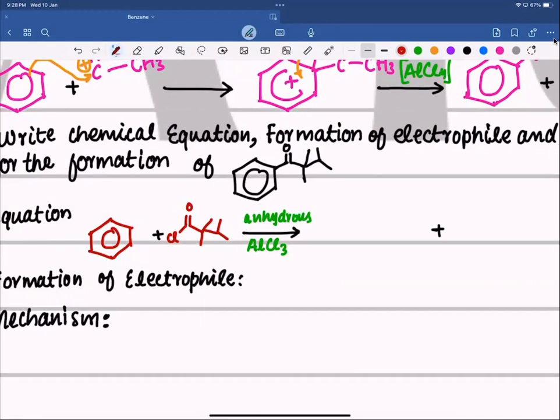Yes, Hassan, did you understand? Yes, Kubra, did you understand? Now, the HCl from this acyl chloride: Cl from the acyl chloride and H from the benzene are released to form HCl, and that C double bond O is now bonded with the benzene ring.